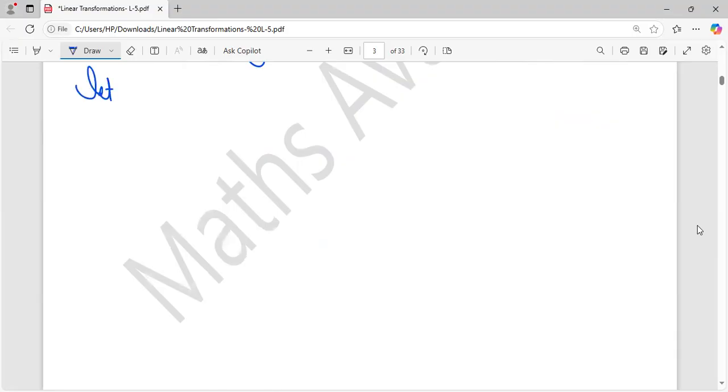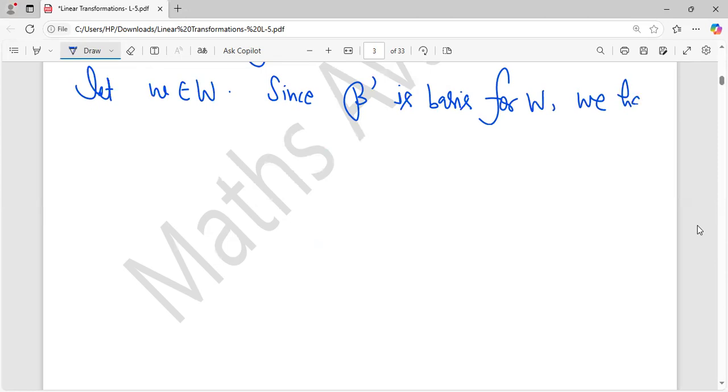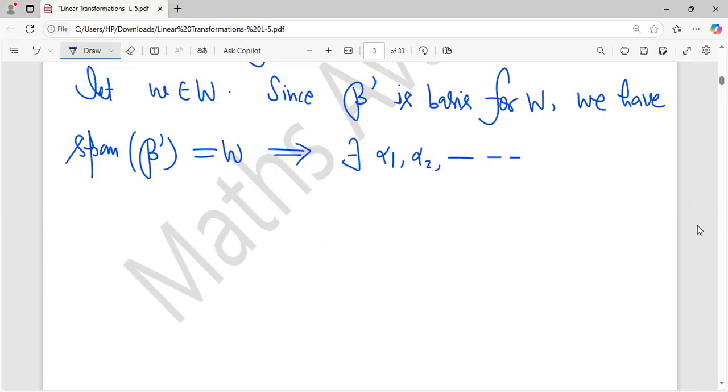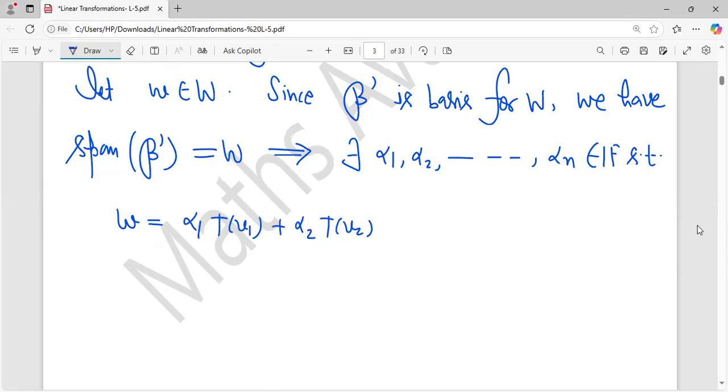Let w belong to W. Since B dash is a basis for W, we have span of B dash is equal to W. This implies there exist alpha 1, alpha 2, up to alpha n belonging to F such that w is equal to alpha 1 Tv1 plus alpha 2 Tv2 plus up to alpha n Tvn.